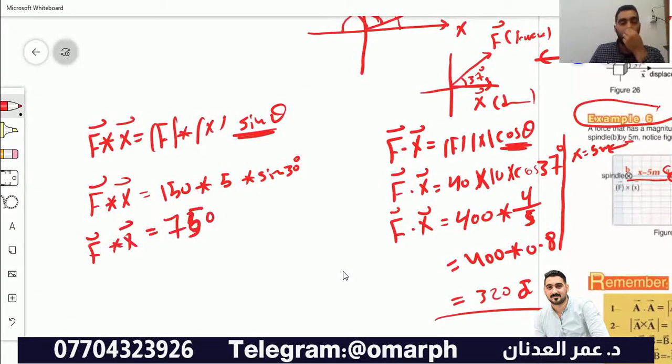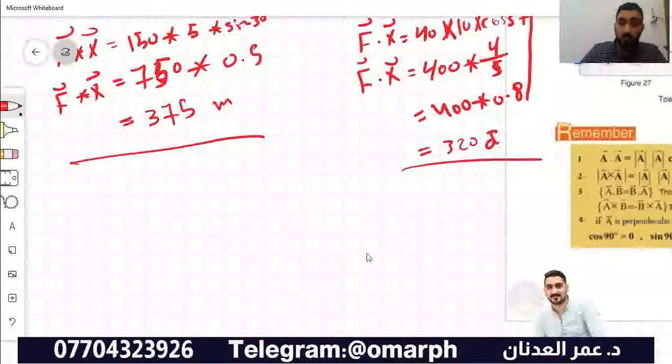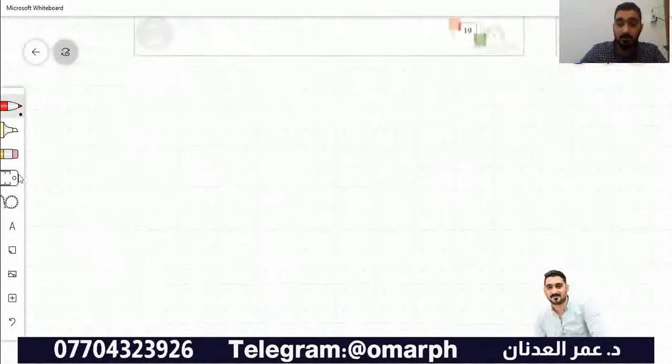Then cross sine 30 degrees, which equals 0.5. That means 750 times half is equal to 375 meters. Now we go to solve some problems on this subject from the chapter's problems.